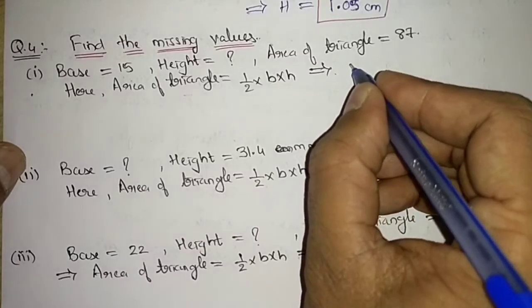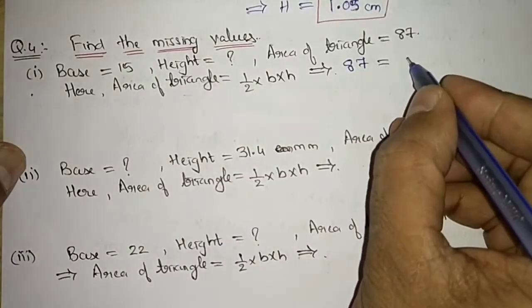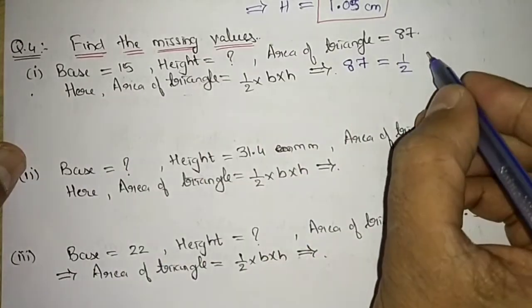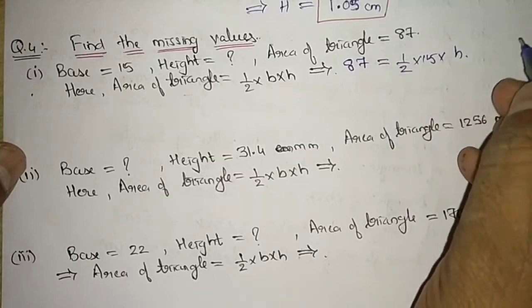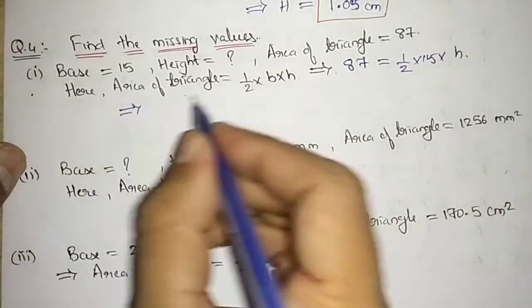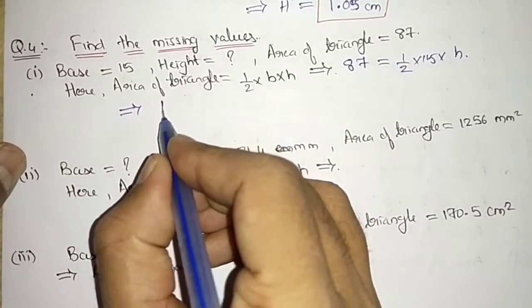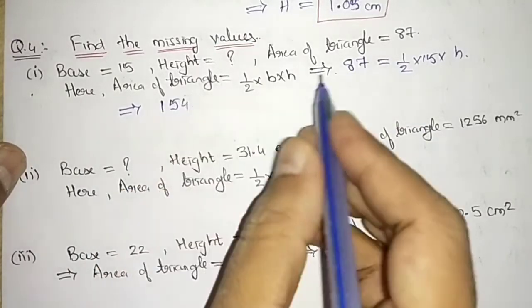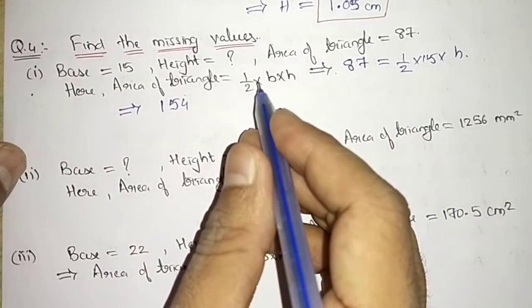Area of triangle they have given is 87 is equal to 1 by 2. Base they have given is 15 and height we are supposed to find. So what we will do, we will take 2 over here, it will multiply, so I will get 174.